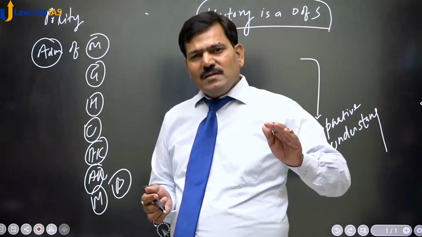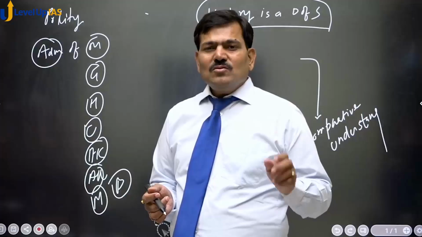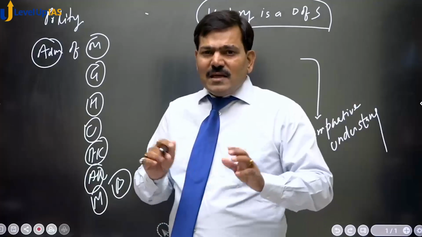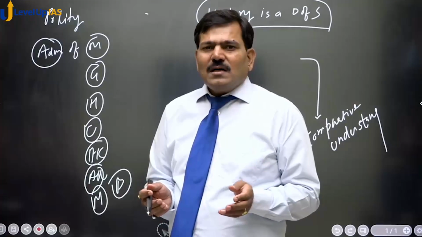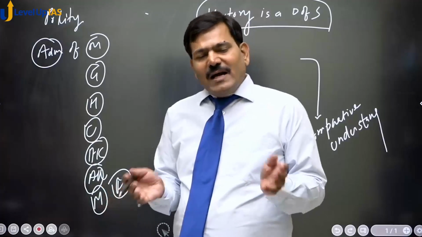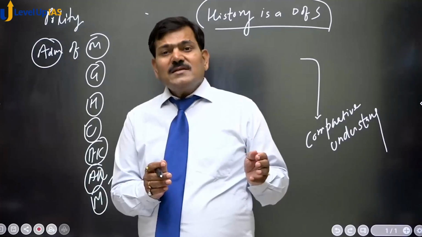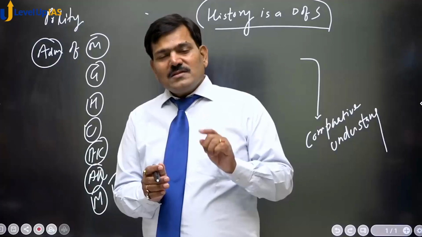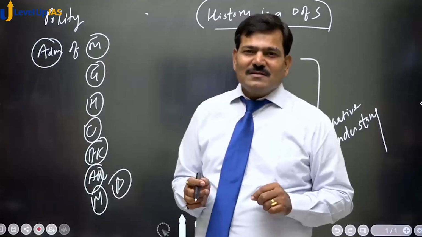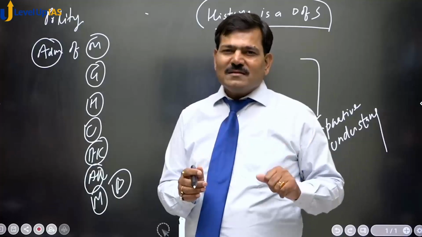If you have read that the administrative structure was centralized, then you know one thing: centralization is not a word that can be defined objectively. It has to be defined relatively. Centralized against whom? Centralized against the Guptas. So Gupta administration is less centralized than the Mauryans.